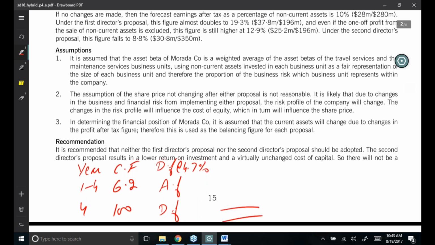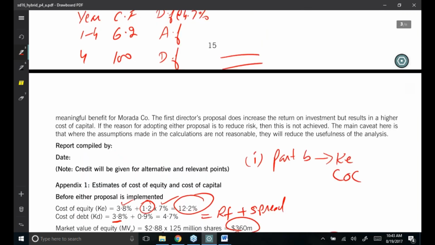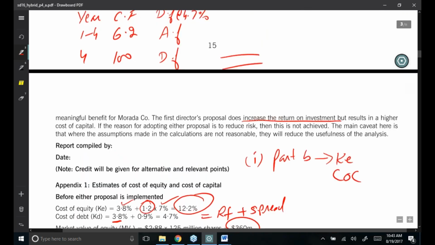So there will not be a meaningful benefit for the company. The first directed proposal does increase the return on assets, but results in a higher cost of capital. If the reason for adopting either proposal is to reduce risk, then this is not achieved. You have not decreased the risk.